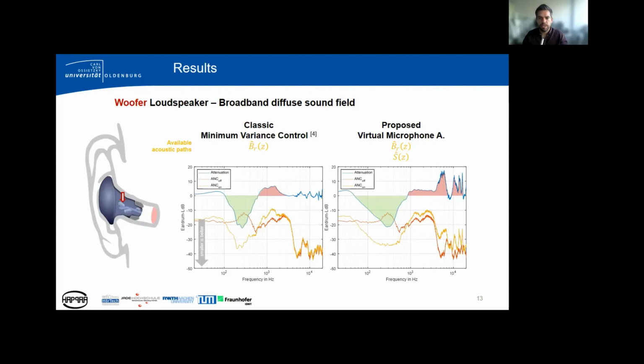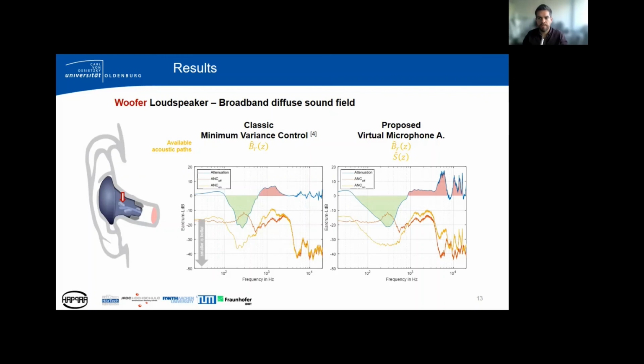Moreover, the improvement achieved by the proposed optimization procedure concentrates in the fact that a higher attenuation bandwidth is achieved. Also, an amplification of roughly 15 dB was measured, but in a frequency region where the earpiece already provides sufficient passive attenuation.